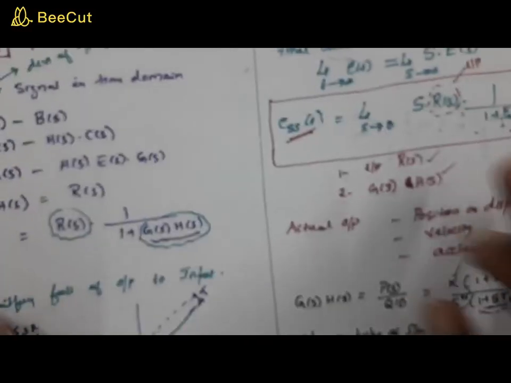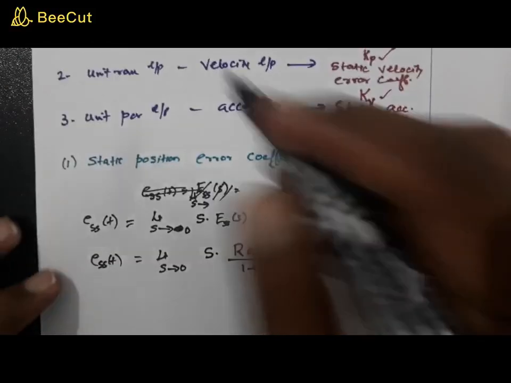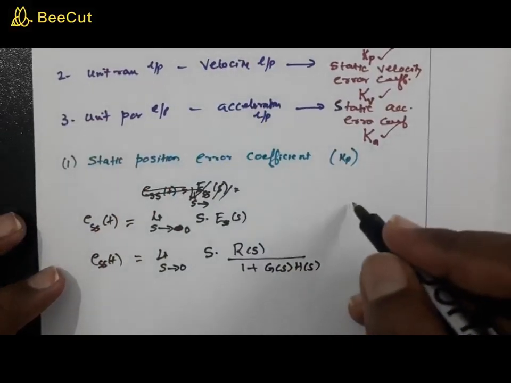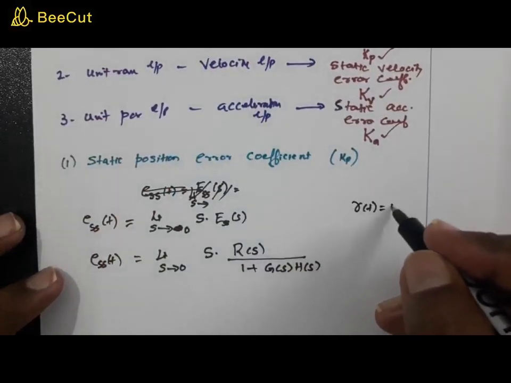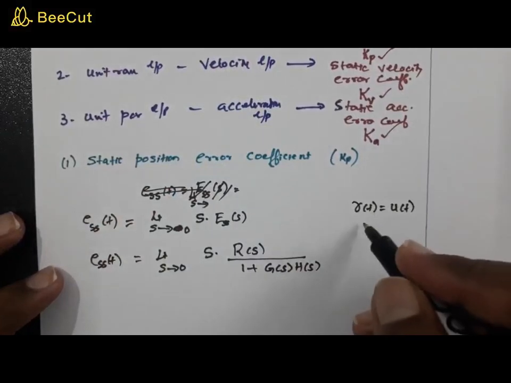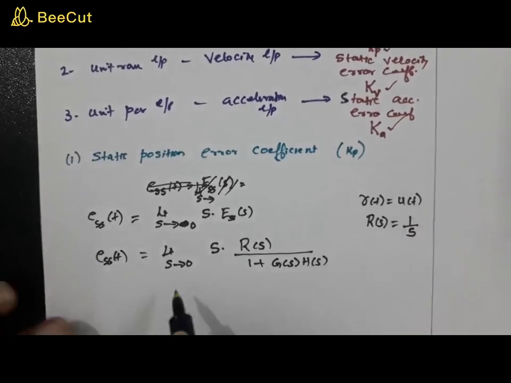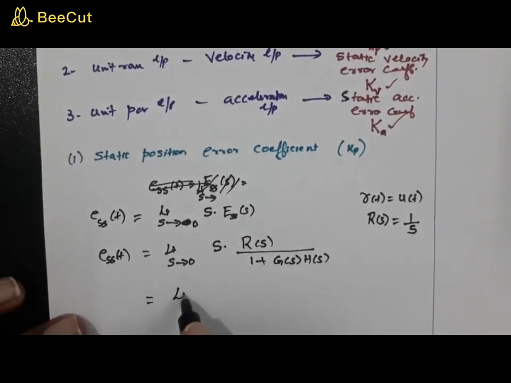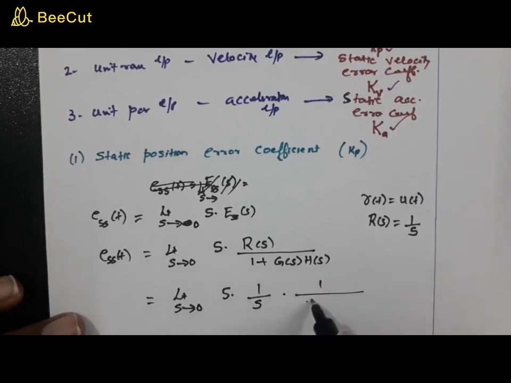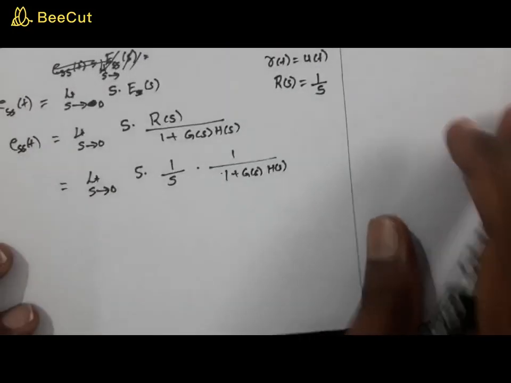Now using this equation, I have told you that the static position error coefficient is related to unit step. So what must be your R of t? R of t is your U of t, the unit step. So R of s is equal to 1 by s. Substituting that in this equation, you get limit s tends to 0 of s into 1 by s into 1 by 1 plus G(s)H(s).